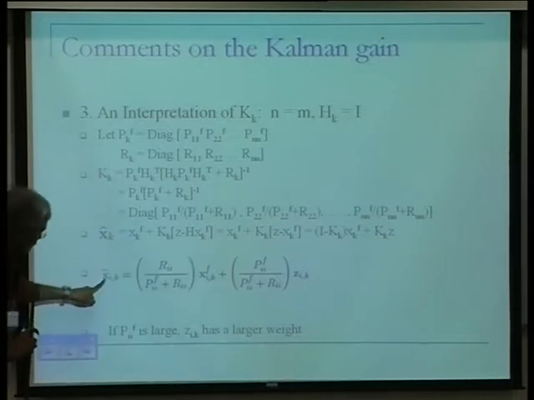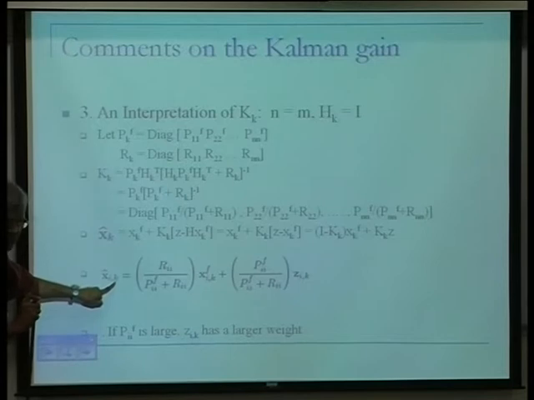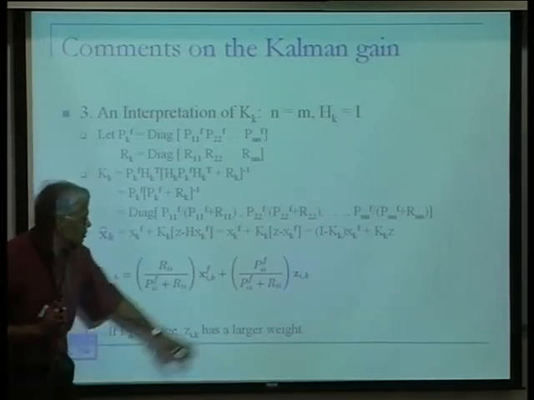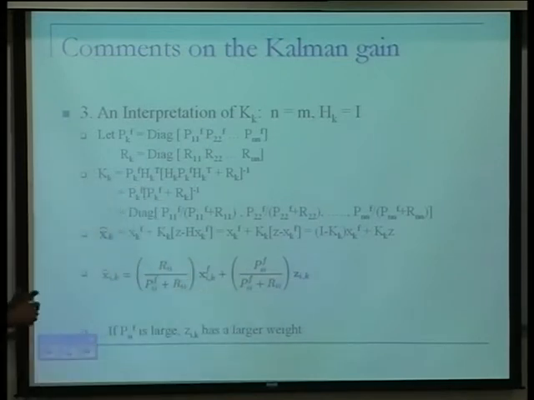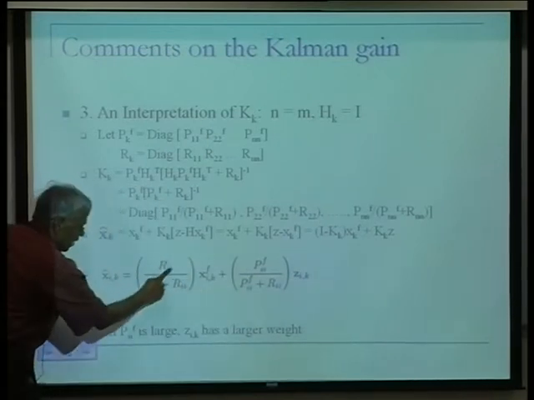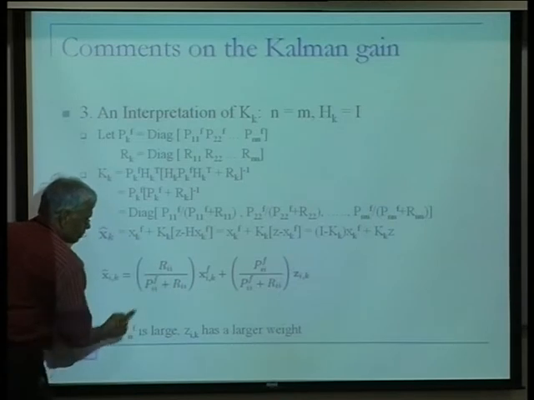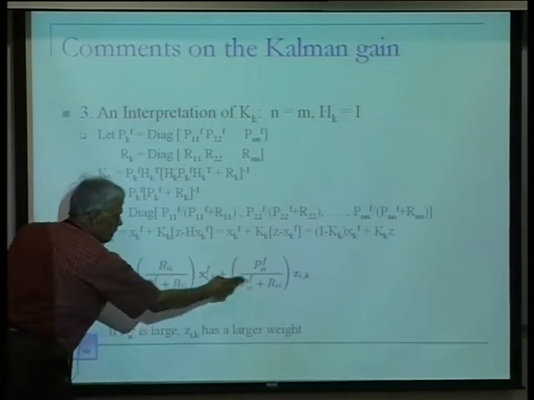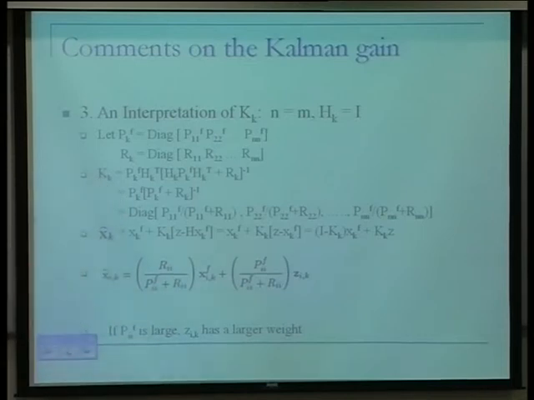If you look at the ith component of the analysis at time k, this is the ith component of the forecast at time k, this is the ith component of the observation at time k. Look at this now, Ri plus Pk,ii. What is this? This is the covariance of the observation, this is the covariance of the forecast. Does this look like the one that I did a minute ago?